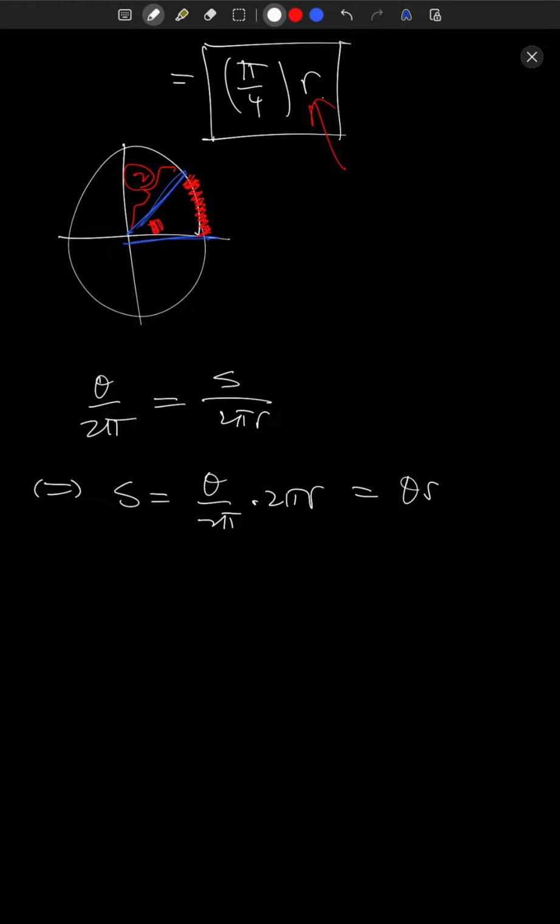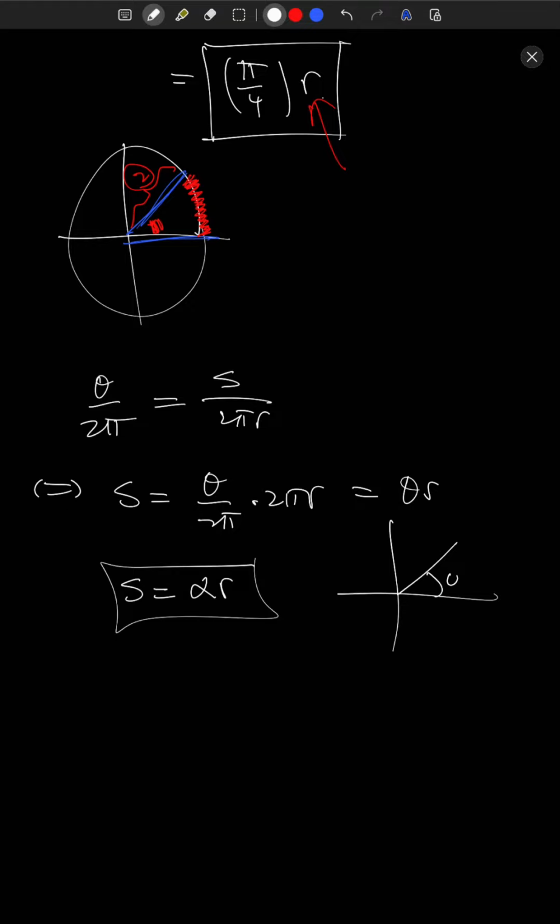I believe the book calls the angle alpha instead. So if you look at the book, their formula will be S equals alpha r. But it's the same idea. The angle here is theta for me, and the book is calling it alpha instead.